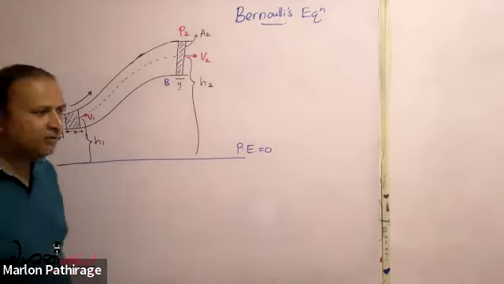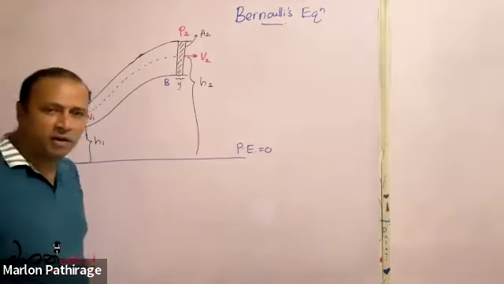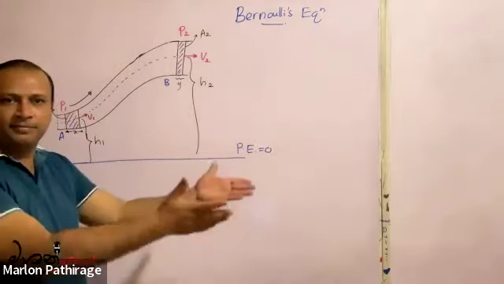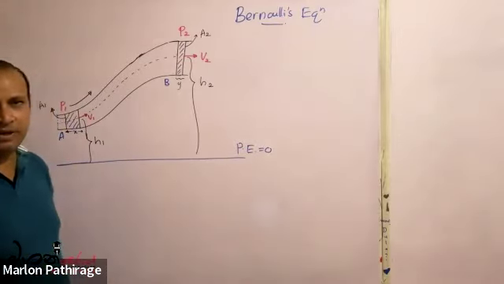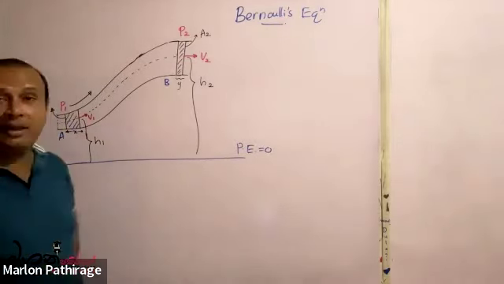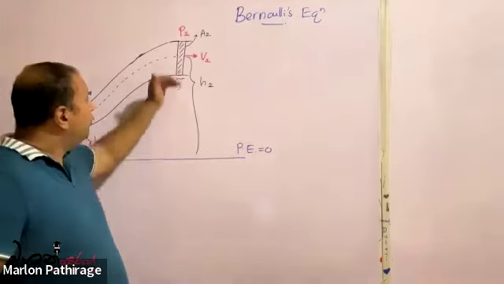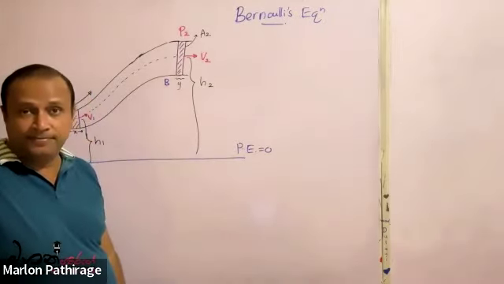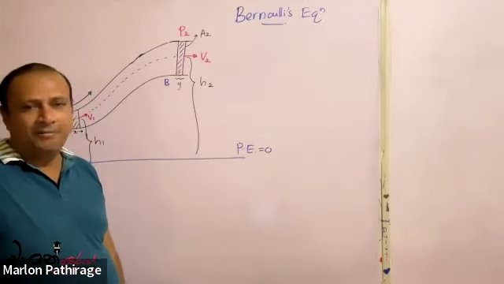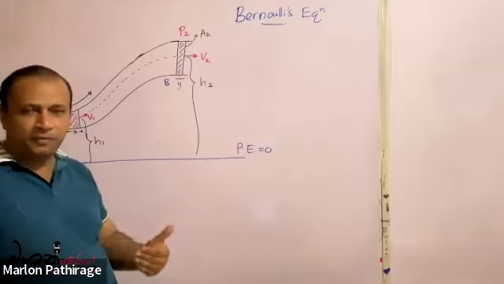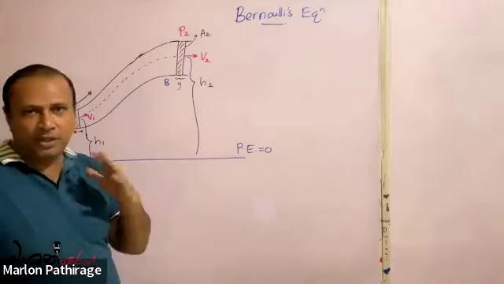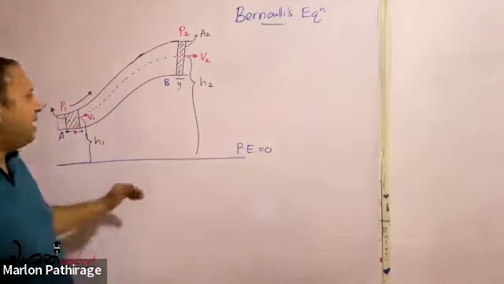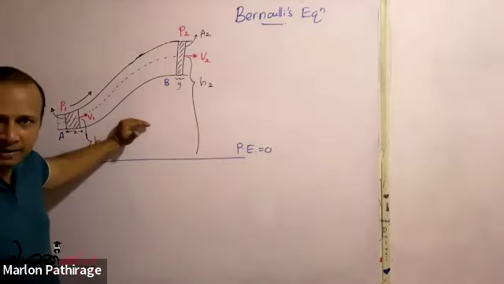Fluid can flow on a horizontal line, and then there is no potential energy difference, but we have to prove these equations for any case. That's why I chose this scenario.